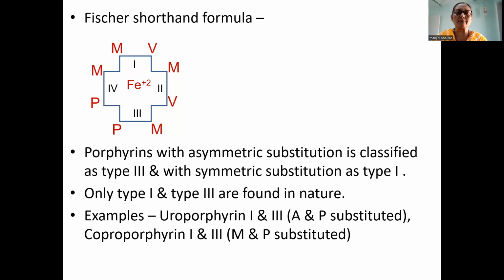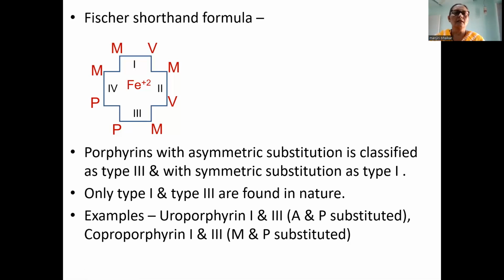Now there are examples of porphyrins. You can have uroporphyrin 1 and 3, symmetrical and asymmetrical, where you have substitutions like acetyl group and propionyl group. You can also have coproporphyrins 1 and 3, symmetric and asymmetric substitution of methyl group and propionyl group on the porphyrin ring.